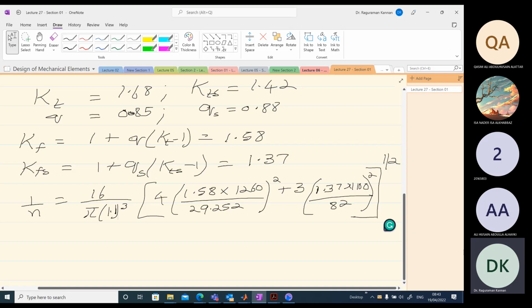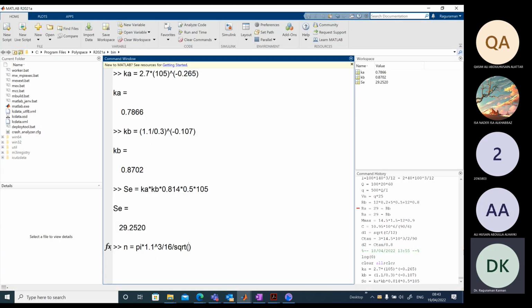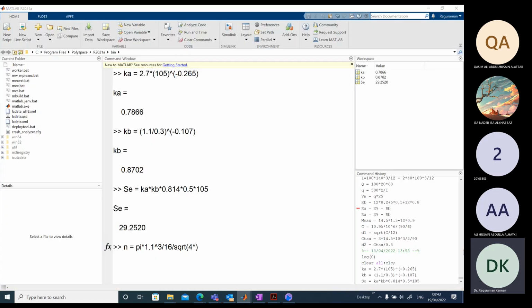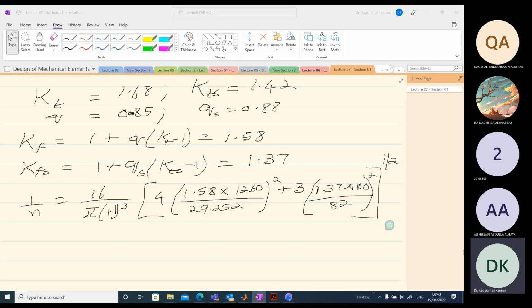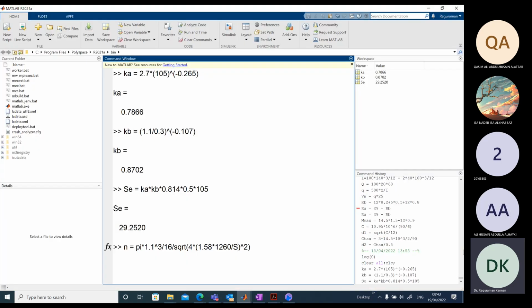A big term here, 4 times 1.58, let's open up a bracket, and square, times 1260 divided by SE.